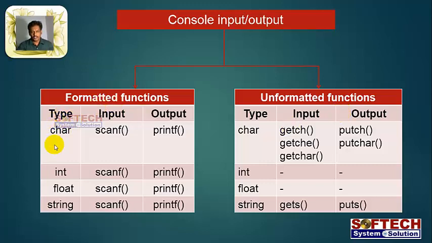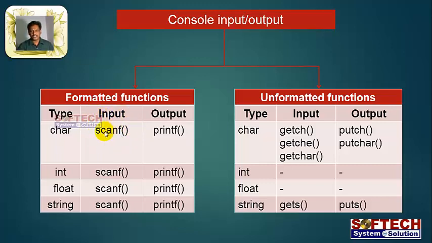So for formatted functions, if we want to get input of character type, we use scanf, printf. Scanf is a short form of scan function. That function is predefined, it is an inbuilt function.